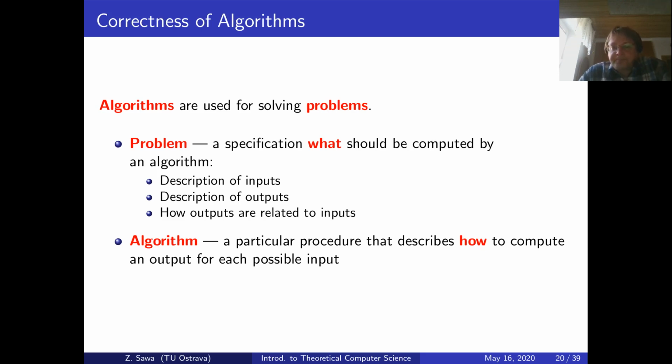So we have this description of input and output, and what this output data should satisfy with respect to the given input. But in more detail, we could specify the particular format of this input data, how it is represented and so on.